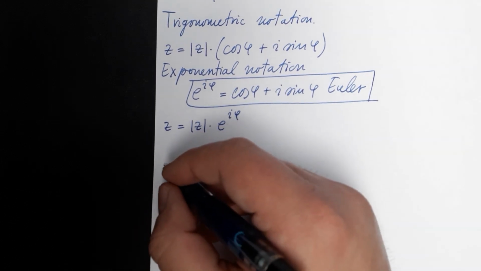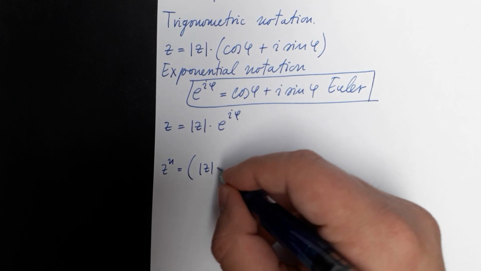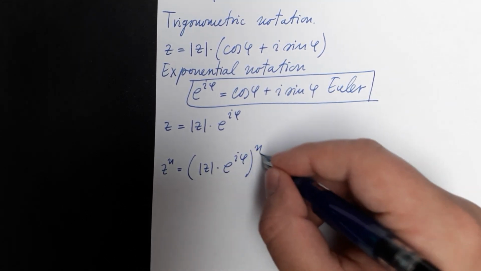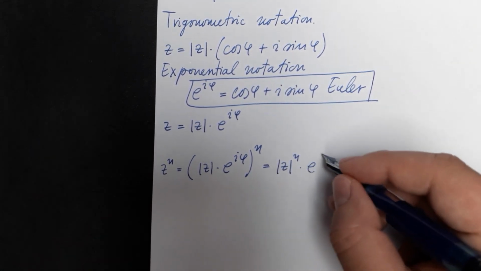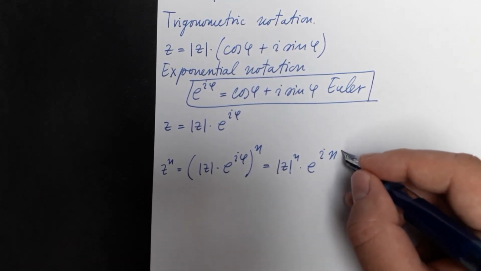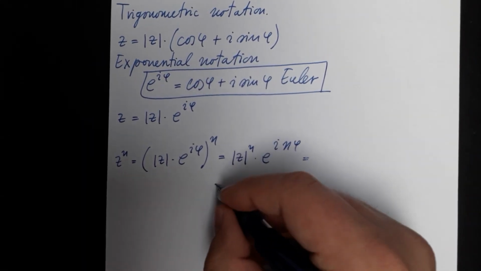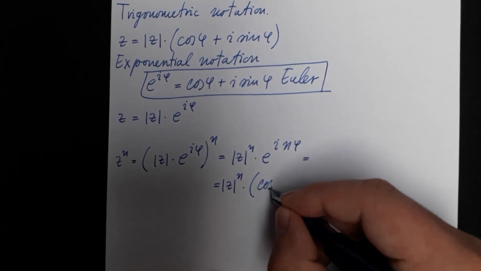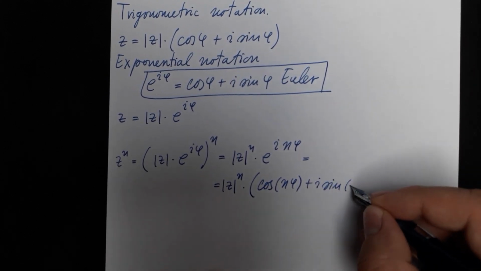Now for the nth power of the number z, we always get module of z times e to the power i phi, all to the power n, and that leaves us with module of z to the power n times e to the power i n phi. And that basically leaves us with module of z to the power n times cosine of n phi plus i sine of n phi.